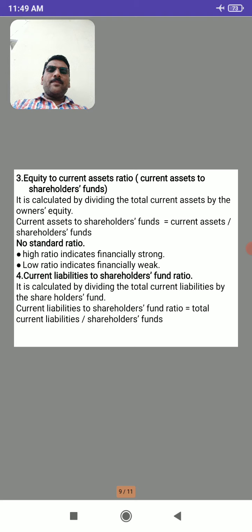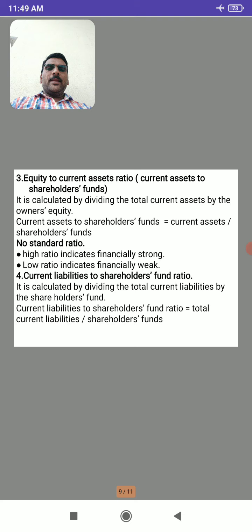The fourth ratio is current liability to shareholders fund. One by one we have seen: first we took total assets, then in the second ratio only the fixed assets, then in the third ratio only the current assets. Now we are considering only the current liabilities and finding the relationship between the current liabilities and the shareholders fund.